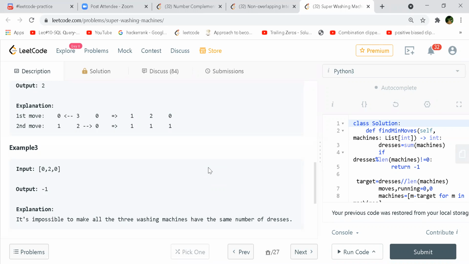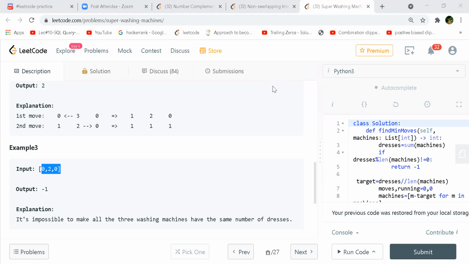No, I mean, if the number of machines is 4 and the array is 0401, you will pass here, right? Let me try it and check if it works. I think it should return -1. Yeah, it returns -1 because it's not equally divisible. So it's impossible in that case.